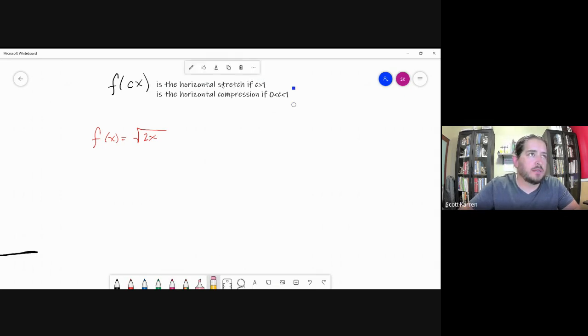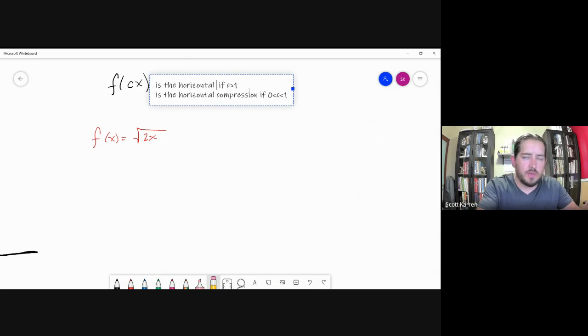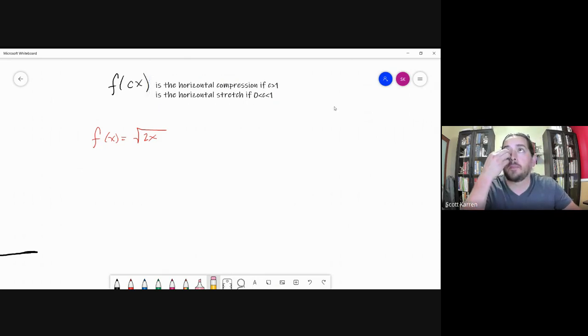I can't erase that. But what I can do is this. These are opposite. Whenever you stick stuff inside the parentheses, opposites tend to happen. It is a compression if c is greater than 1 and a stretch if c is between 0 and 1, right? Okay. And I'll show you why that is.